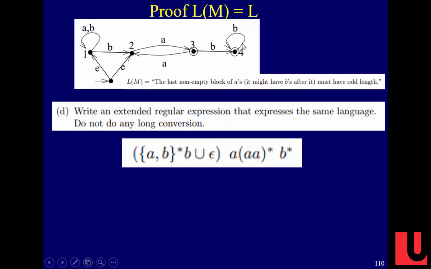Good question. To get to 4, you need a B. But we're accepting here or here, so we're accepting 0 B's or more B's. So here's another question. Why didn't I just put a loop of B's here?